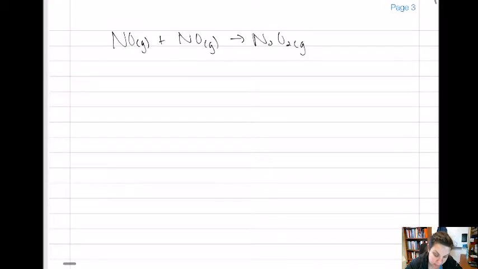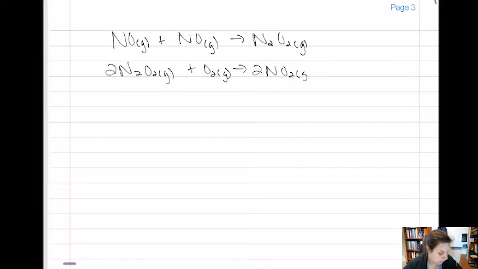So for instance, we have this reaction right here. We have NO gas reacting with another molecule of NO gas to produce N2O2 gas. Okay. Then we take that N2O2 gas and react it with O2 to produce 2NO2 gas.